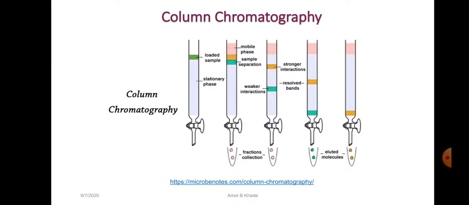Usually we take a solid sample, dissolve it in a particular solvent, and adsorb it on some of the adsorbent, that is our stationary phase. Then we evaporate the solvent and pour this solid powder onto the column.